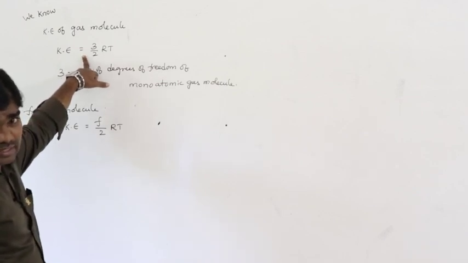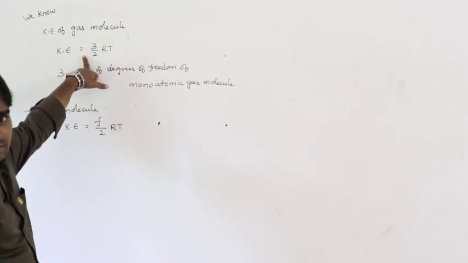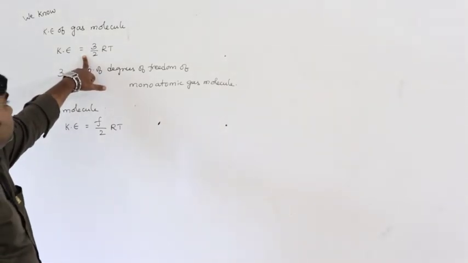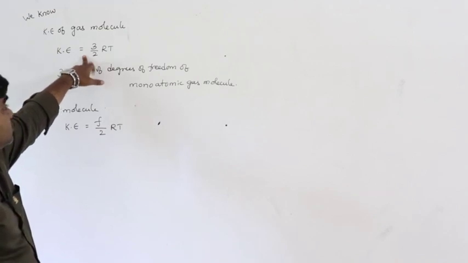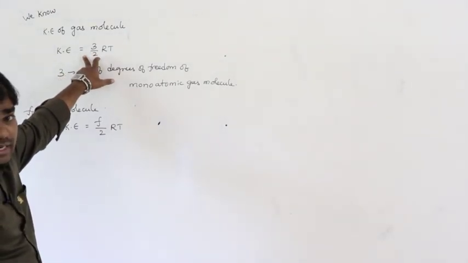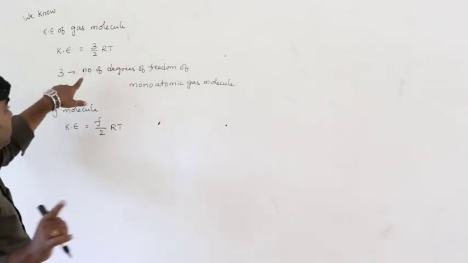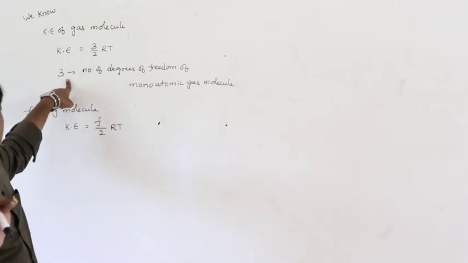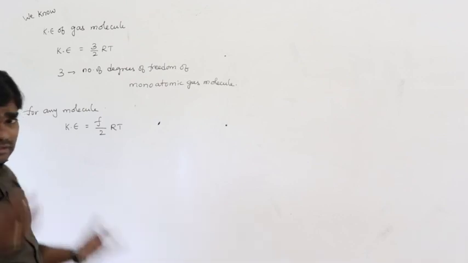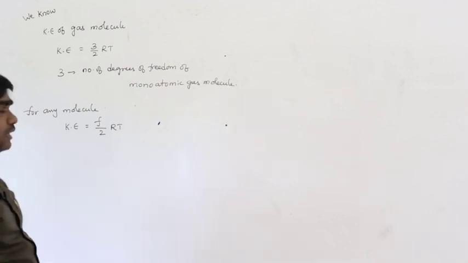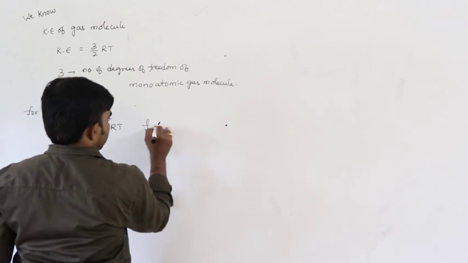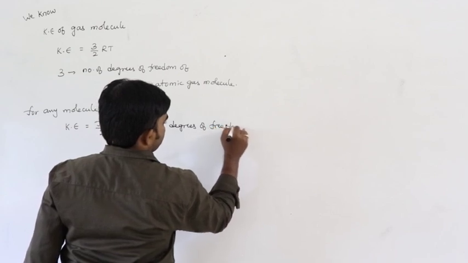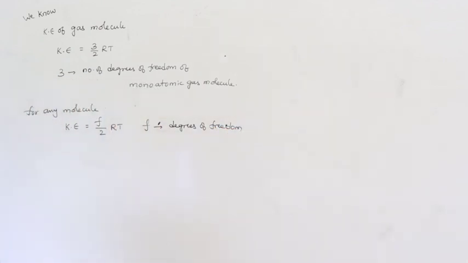Already in chemistry, in the states of matter chapter, you know that the kinetic energy of a gas molecule is equal to 3 by 2 RT. This is the kinetic energy per molecule, a monoatomic gas molecule, having 3 degrees of freedom. So for diatomic, polyatomic and so on, it is F by 2 RT, where F is nothing but the number of degrees of freedom.